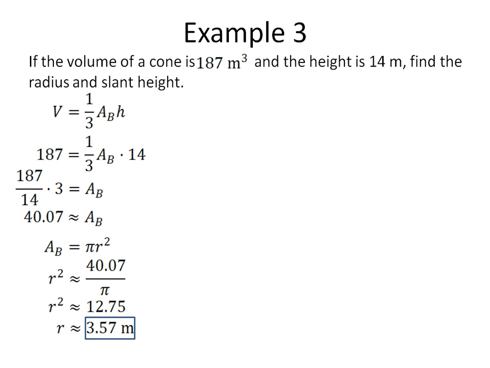Okay, so that's the radius. Now we need to find the slant height. We know the height is 14 and the radius is 3.57, so we're going to use a right triangle, and the slant height is the hypotenuse. So we're going to use the Pythagorean theorem.